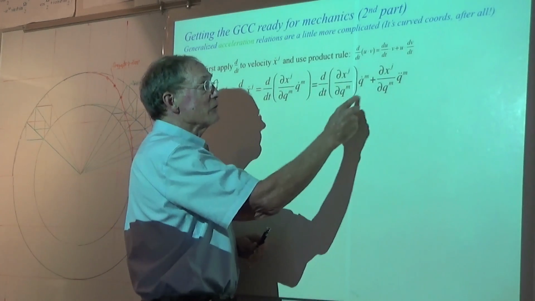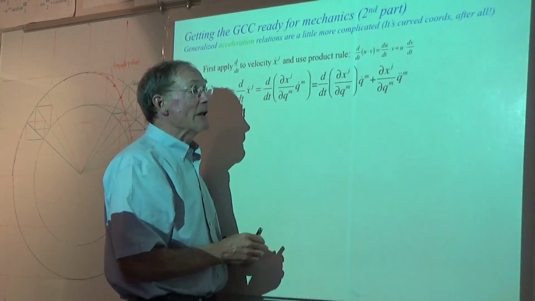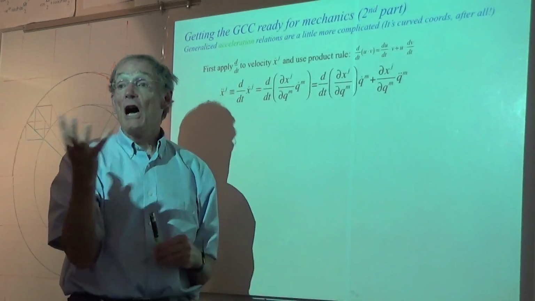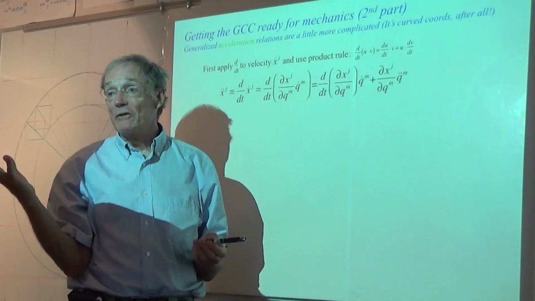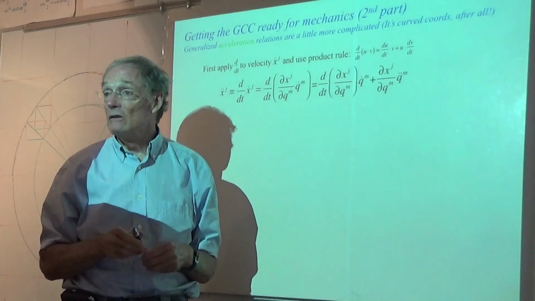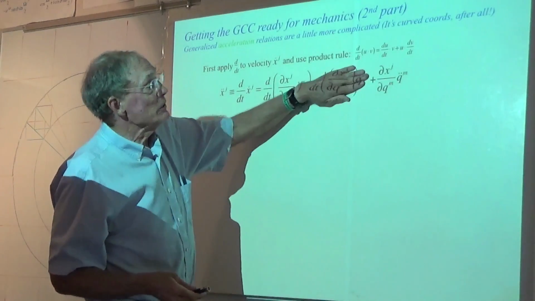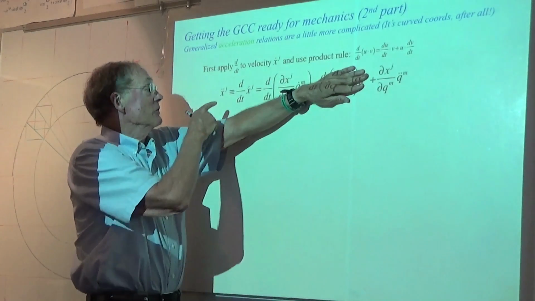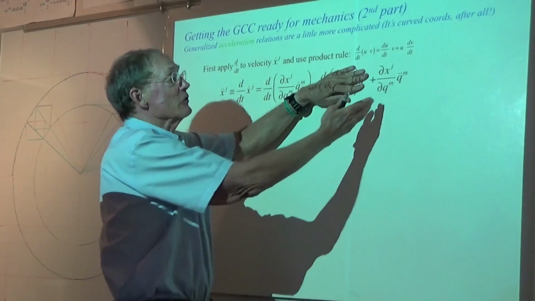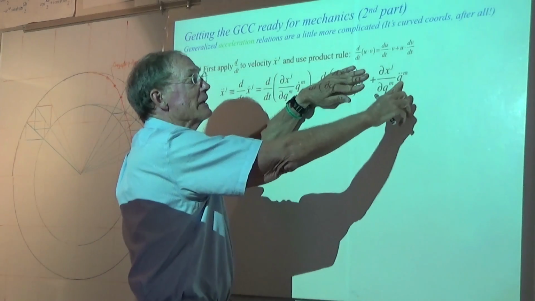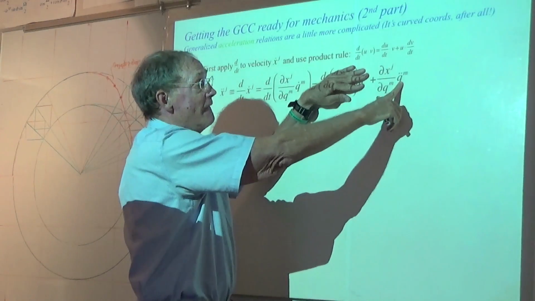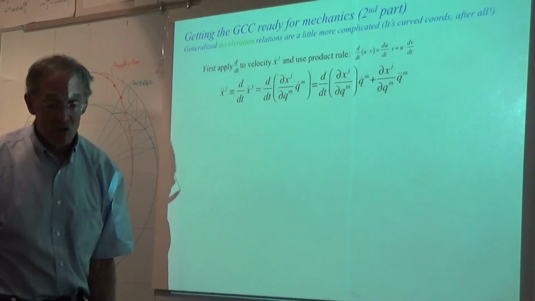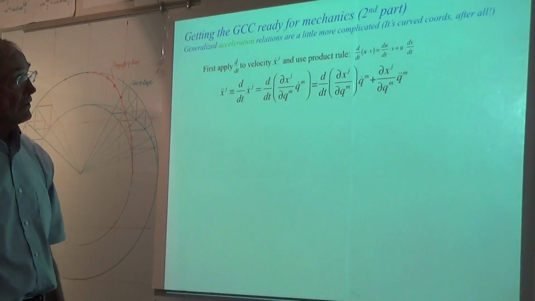So there are going to be these extra terms here that are multiplied by q dot. But if it turns out that the Jacobian matrix is a constant, like a rotation matrix, and you're not changing the angle, okay, we wouldn't have to pause here at all. We would just have a relationship for acceleration that was very simple. It'd just be a Jacobian multiplying the generalized acceleration. But we've got to keep that. That's very essential for all of the curvilinear cases that we'll be treating.